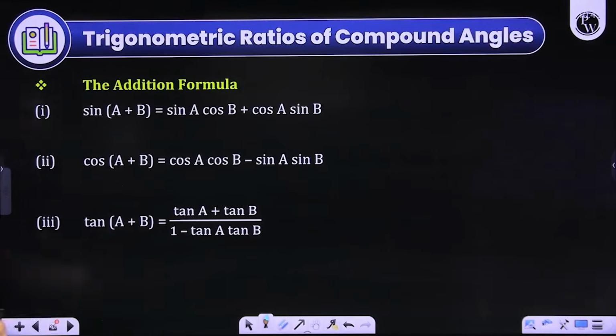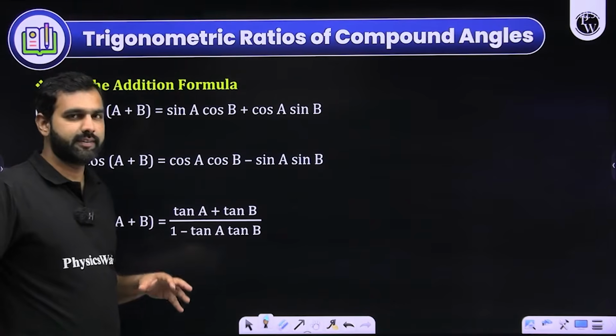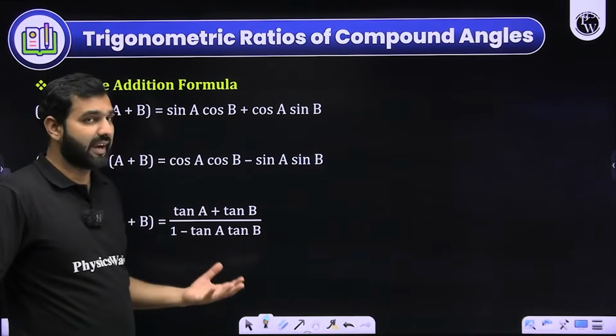Let us move ahead and start understanding some important identities. Now we move towards the part where we'll be discussing a lot of identities which are used in a lot of places.